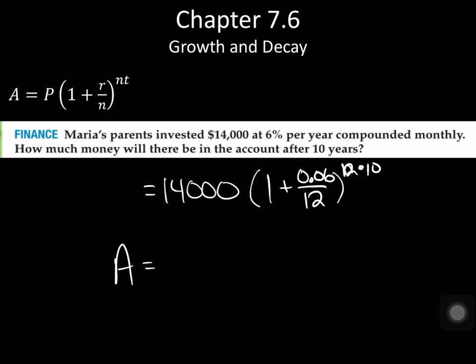Keep in mind it's money, so we're going to round to the nearest cent, or round to the nearest dollar, but you figure out what that looks like and type it into the box, okay? You should have gotten $25,471.55.